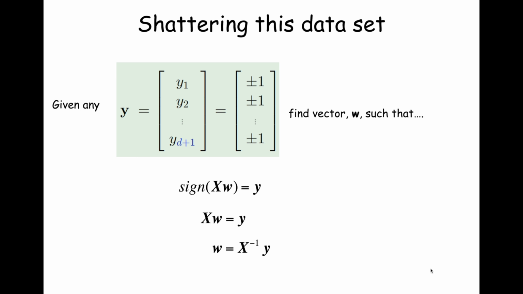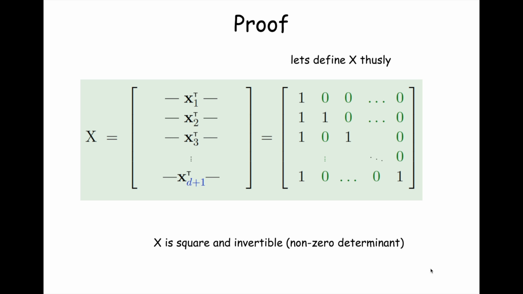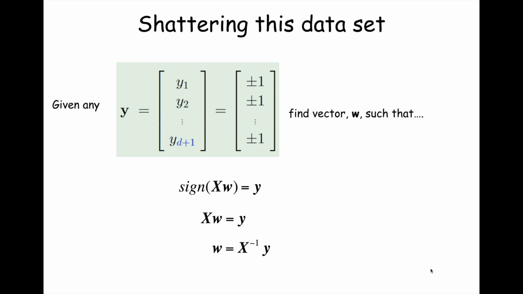So what do I do to classify? Well, if I have a classifier whose weight vector is W, I compute sign of XW. That's just multiplying my design matrix times a weight vector, and I set that equal to Y. So if sign of XW equals Y, that means the output of my classifier, W transpose X1, W transpose X2, W transpose X3, and so forth, is equal to that +1 or -1 label when I take the sign.